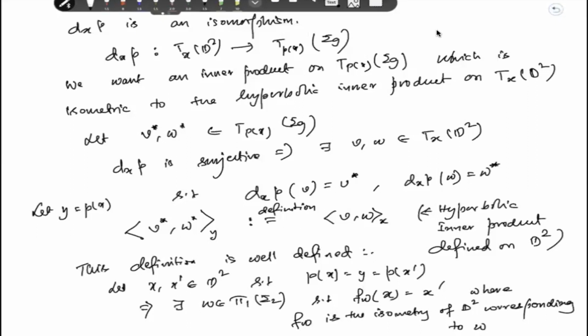This comes from the deck transformation. So we have this diagram here. Here we have x, and here we have x prime, and this map is p, and the other covering map is also p.